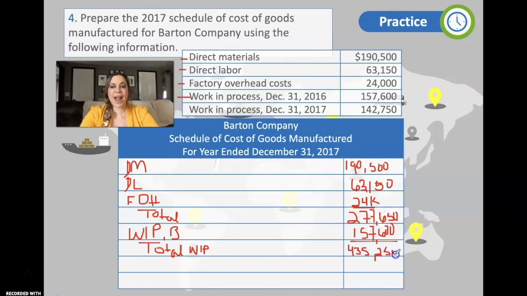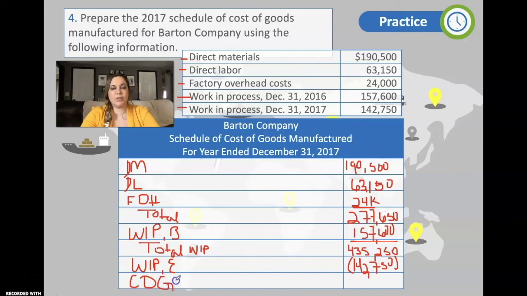Lastly, we subtract the work in process at the end of the year. So we're going to subtract WIP from the end of the year, which is 142,750. This will give us our cost of goods manufactured.